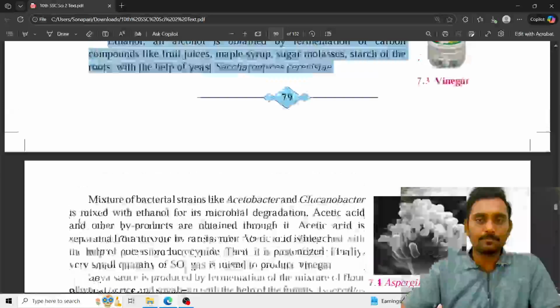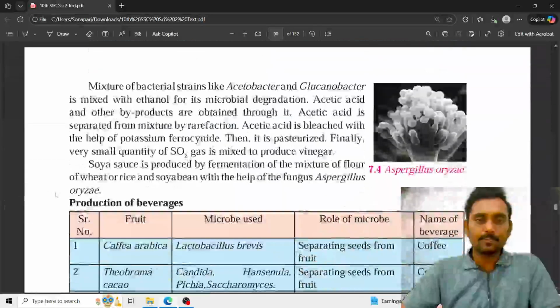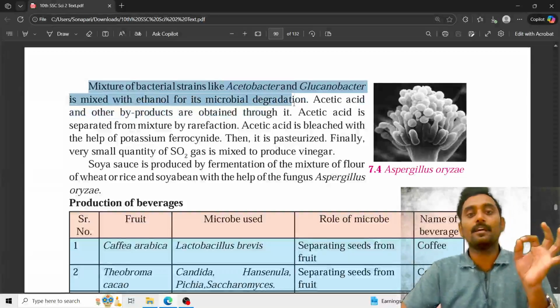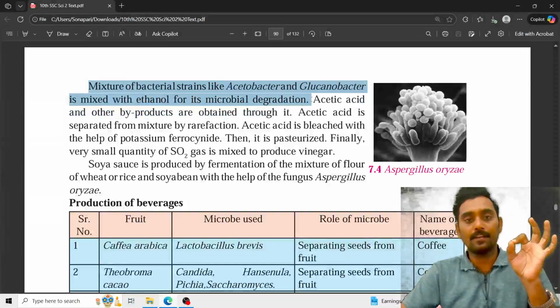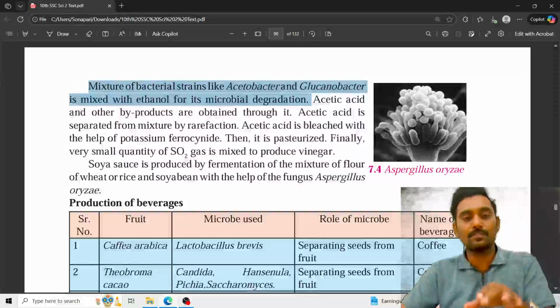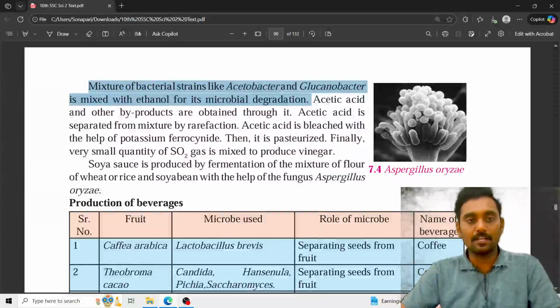So now, a mixture of bacterial strains like Acetobacter and Gluconobacter is mixed with ethanol for its microbial degradation. Okay, microbial degradation means to reduce the ethanol.